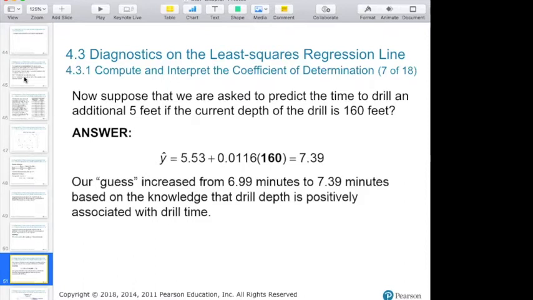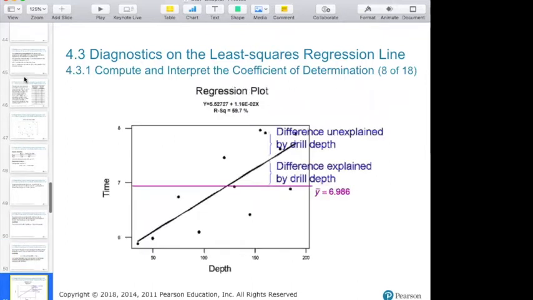To drill 160 feet, we would be at 7.39 minutes. So we can follow that trend to find that prediction line and that estimation for what's going to come next.